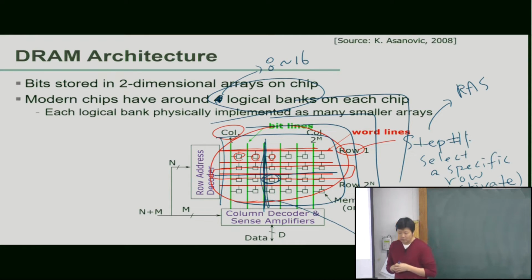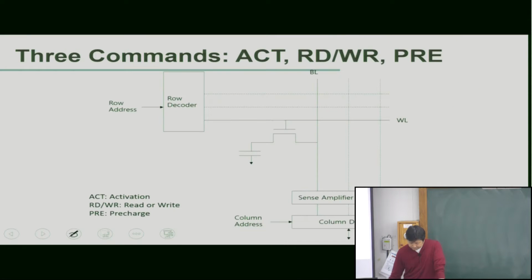In that way, you can service multiple requests to the DRAM at the same time. That's why these multiple banks are important. Each logical bank is physically implemented as many small arrays.